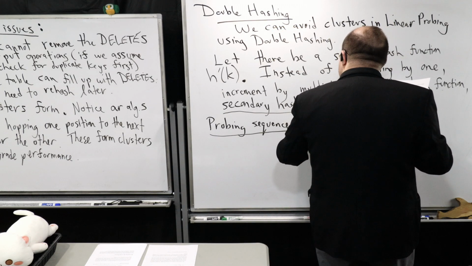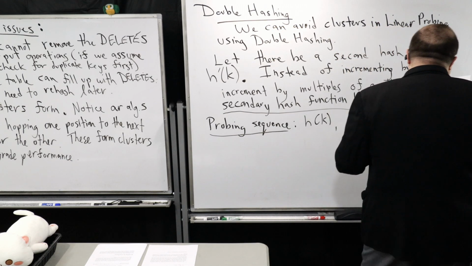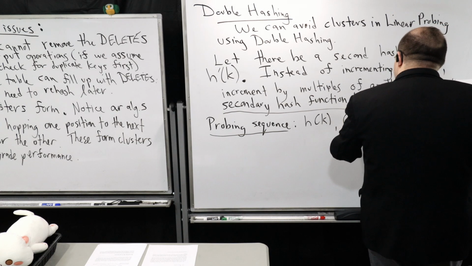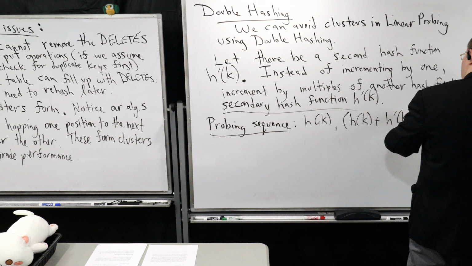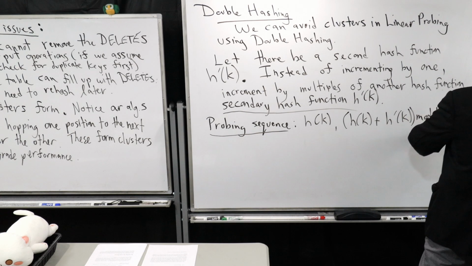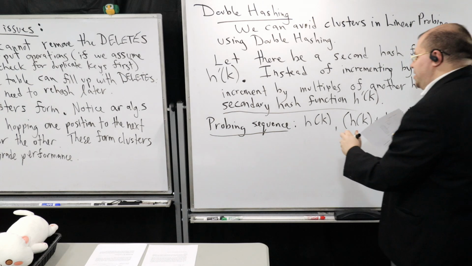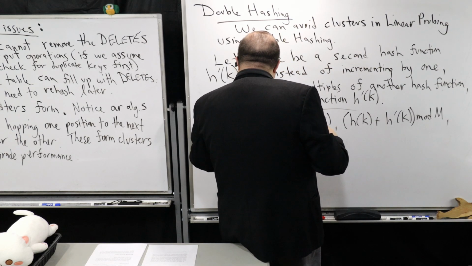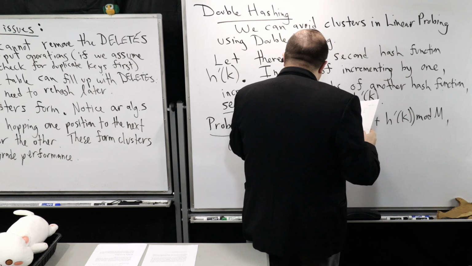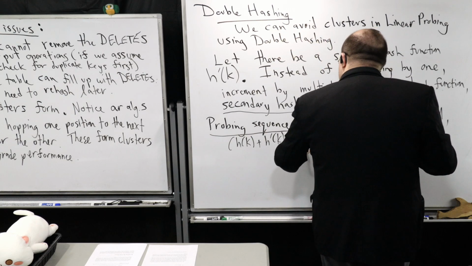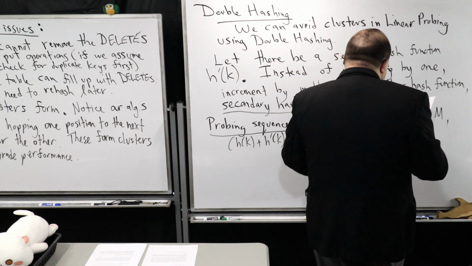So the probing sequence: I check h of k first. Then when I fail at that, I try h of k plus h prime of k mod m. If this fails, I go h of k plus h prime of k times 2 mod m.